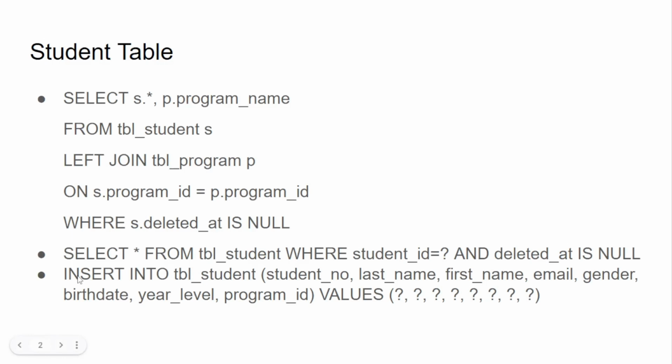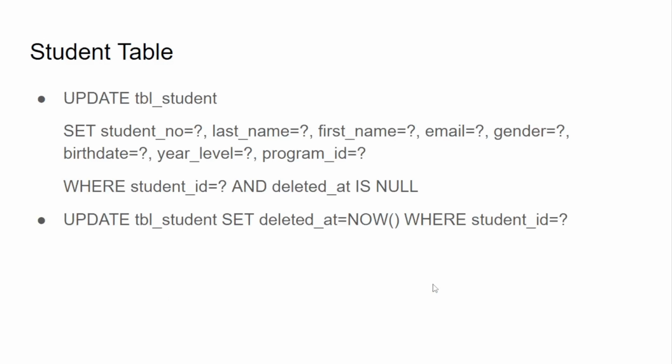And then we have the insert statement where the user can insert their values depending on the columns. The next is the update statement. So we update the table student, and then we set it depending on the value the user inputted.